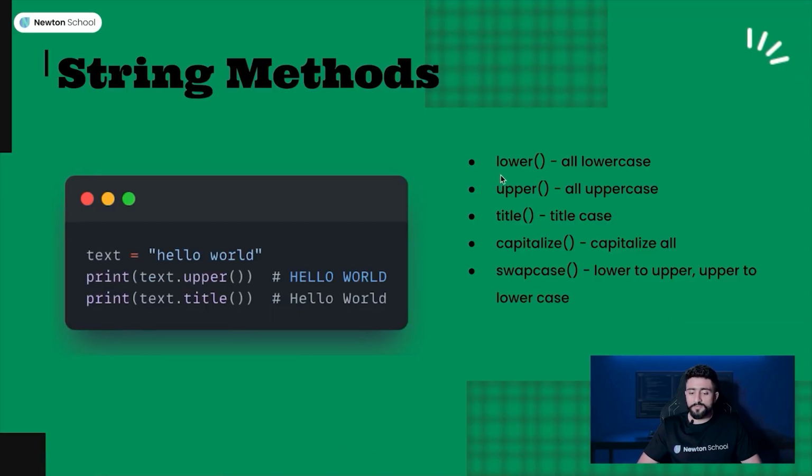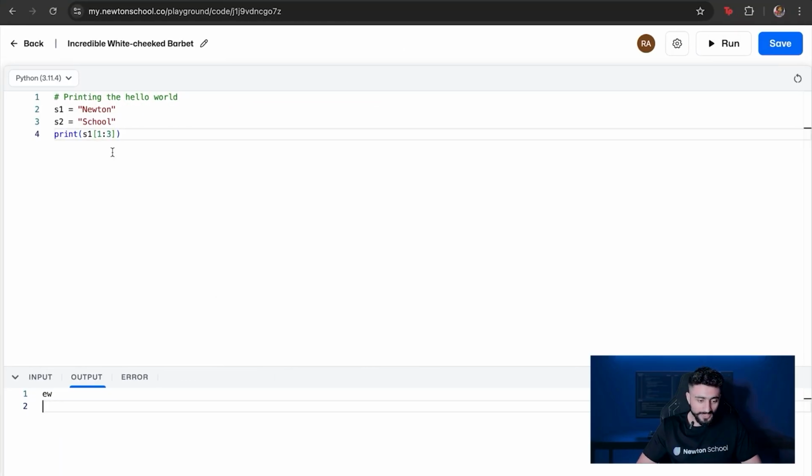So if I do text dot lower, everything will get printed in lower. For example, if I do here S1 dot lower, what will happen? N will also become lowercase. See, everything will become lowercase.